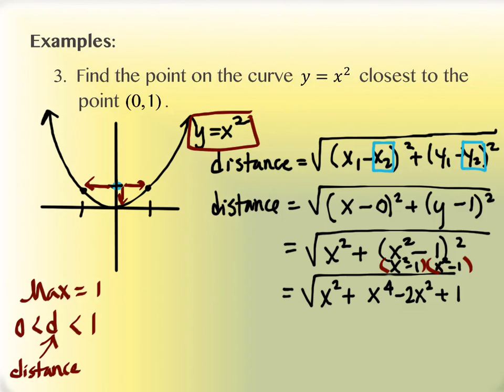And at the end, I have plus 1. So it cleans up just a touch to x to the 4th minus x squared plus 1. And we haven't done any calculus yet. That was all algebra, right? It was. So in order to find where this equation now has a max or a min, what do I need to do? I need to take the derivative.